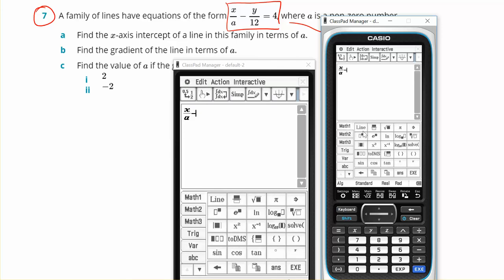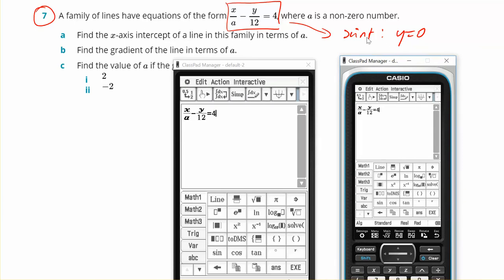y divided by 12 equals 4. So what we're going to do is sub in y equals 0, because for the x-intercept we know y equals 0, and you're going to solve for x.